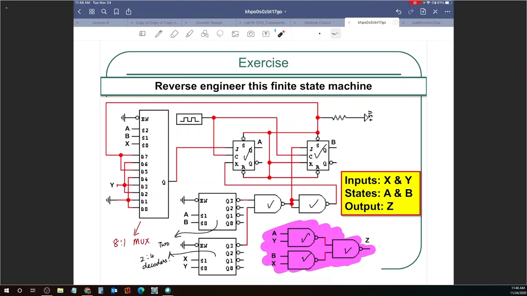You would write an equation for here, then for this and this, then for your JA and KA and JB and KB. Your objective: write an expression for A plus, for B plus, and then for Z. Once you write those expressions, you would fill in the state transition table. From the state transition table, you would draw the state diagram.